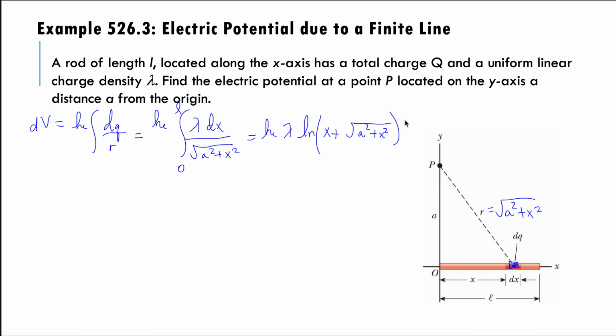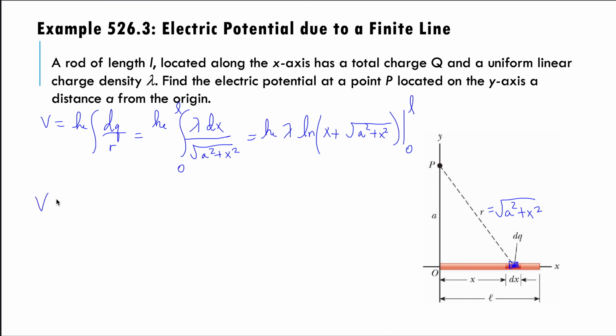That's the integral, and then we're going to take the limits from 0 to L. So now we can go ahead and plug those in. And sorry, this was supposed to be V, not dV. Sorry about that.